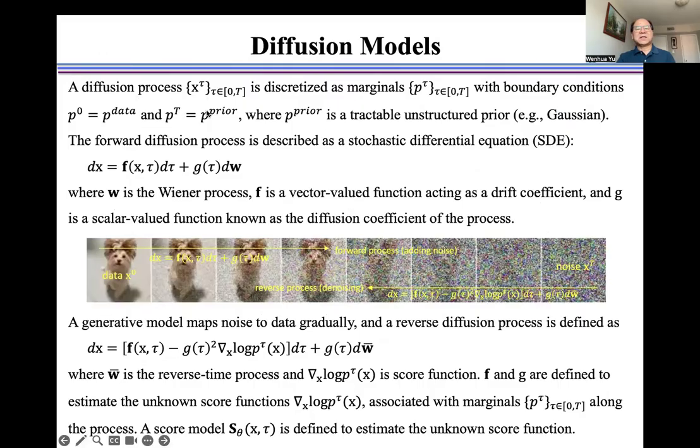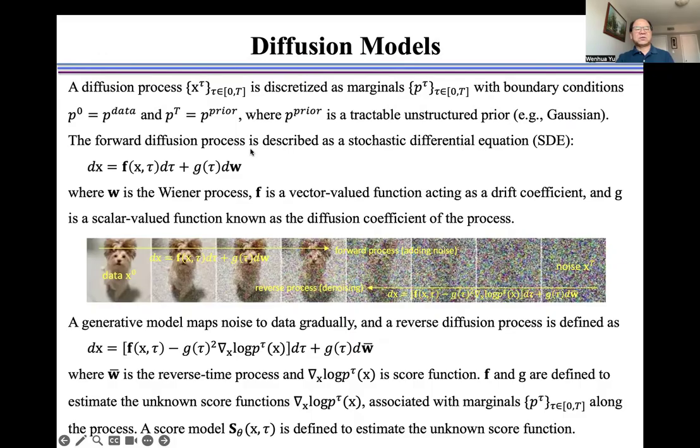A diffusion process is discretized as marginals P_tau with the boundary conditions P_0 and P_T, where P_prior is a tractable and structured prior, for example, a Gaussian distribution.